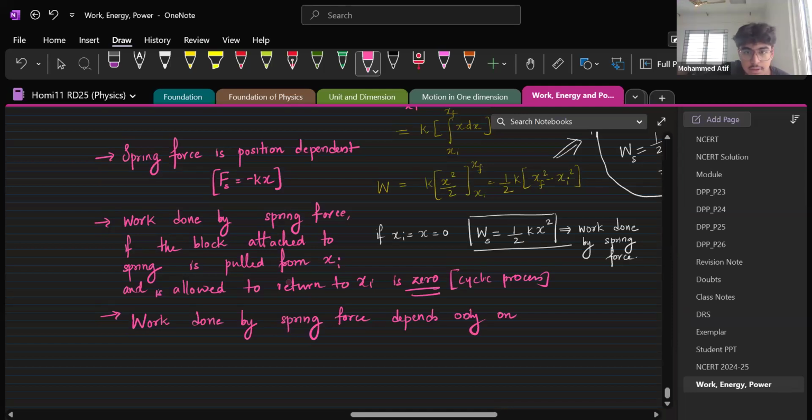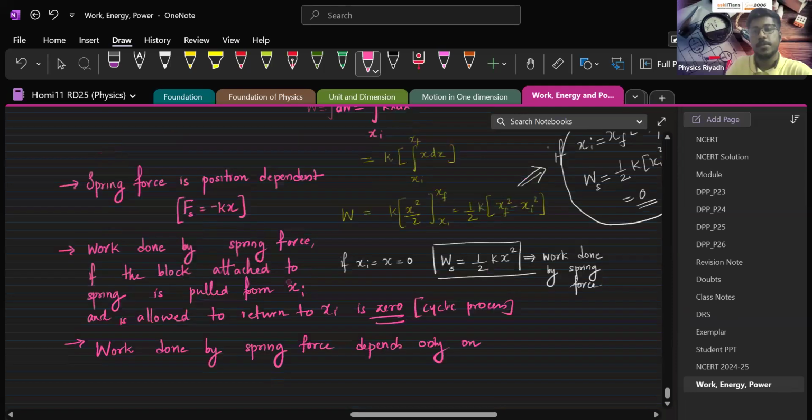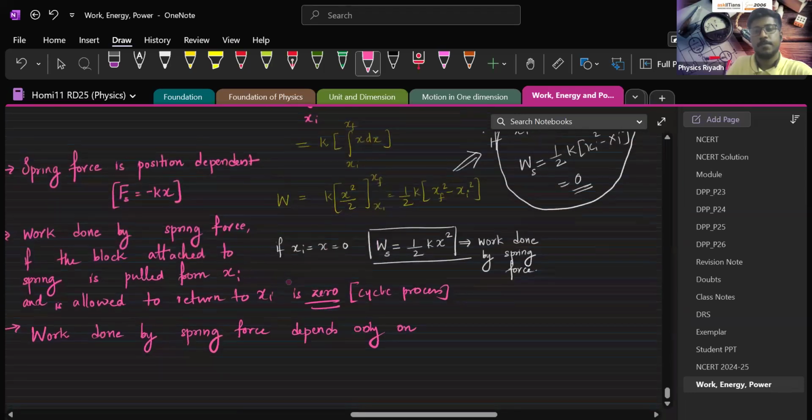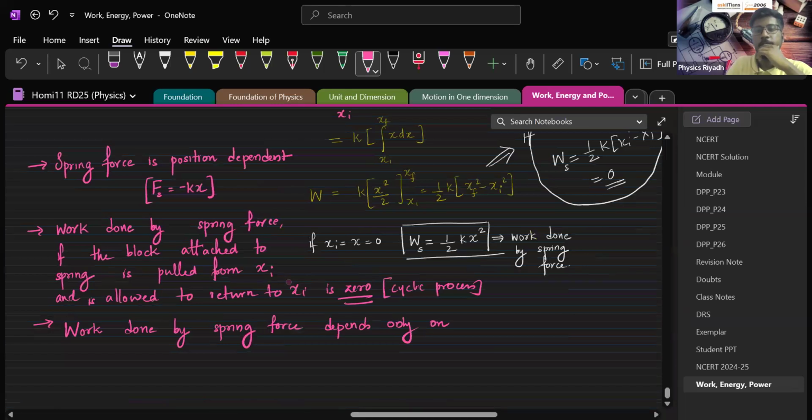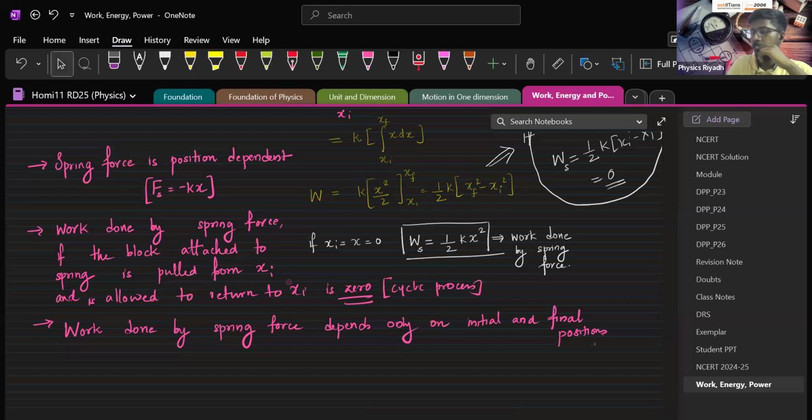So what does k represent there? Spring constant. Okay. Work done by the spring force depends only on initial and final positions.